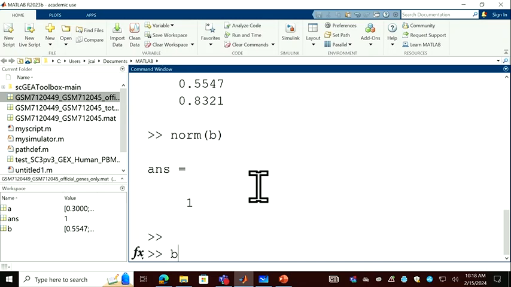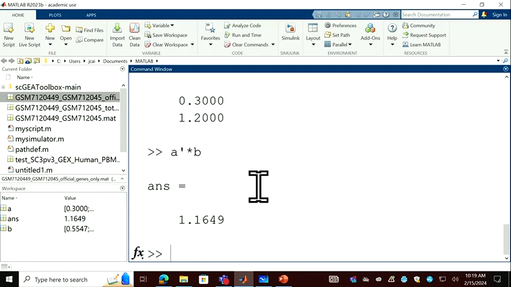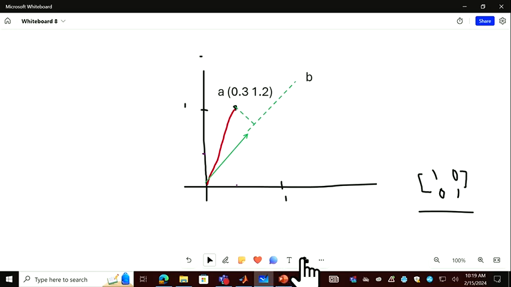Because B has already been normalized, what we can do is just A times B. Remember, you have to use the dot product. A should be 1 by 2 dimension, and B is 2 by 1. So at the end, you get 1.1649. This is how long this part is.